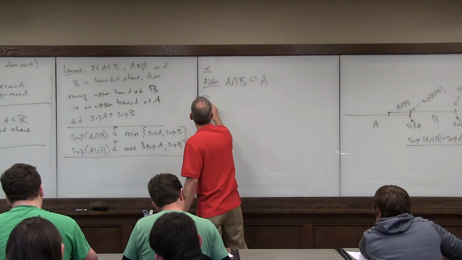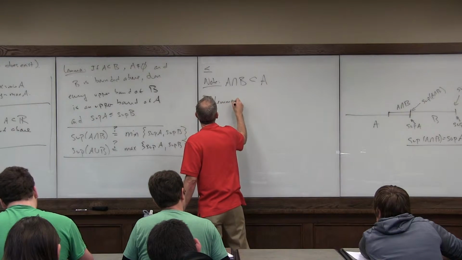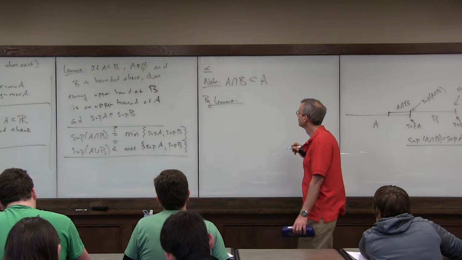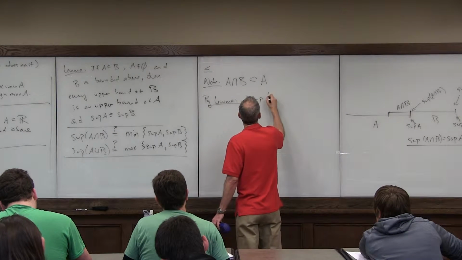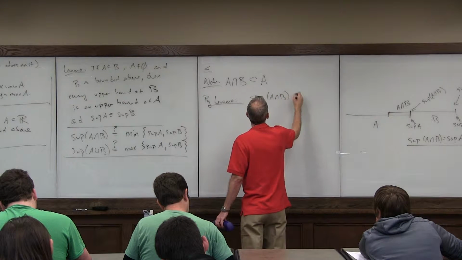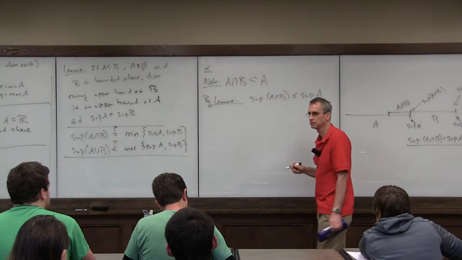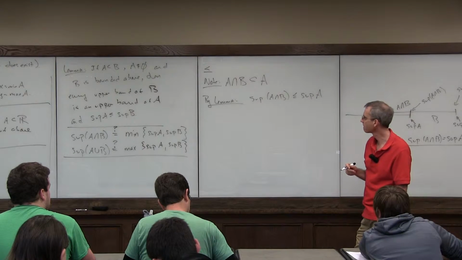So by the lemma, what do we know? Sup of A intersect B is less than or equal to sup A. Okay?